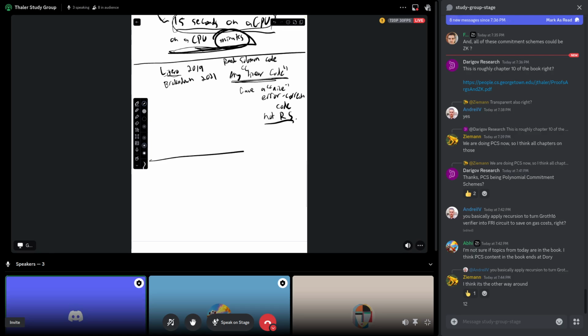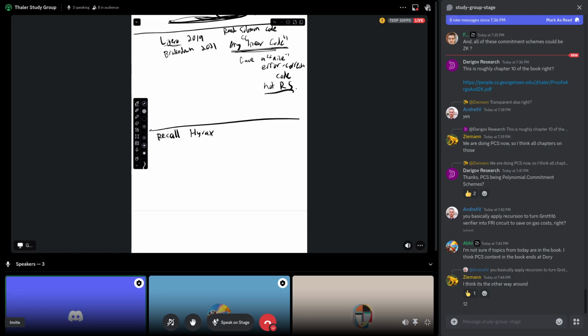So recall Hyrax. I think of Ligero and Brakedown as just the hashing based analog of Hyrax. So Hyrax used elliptic curves, but the key property it used was the following. It exploited that, if I commit to a polynomial p, let's say it's univariate just for simplicity, but it could be multilinear, here are its coefficients.